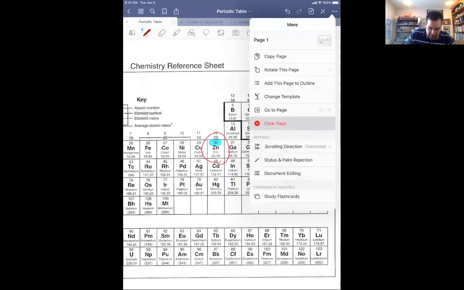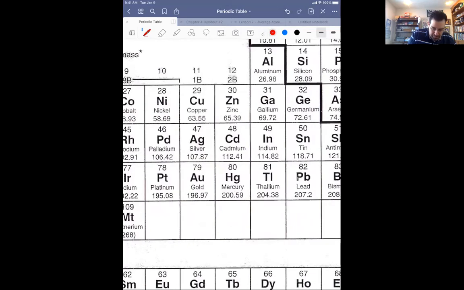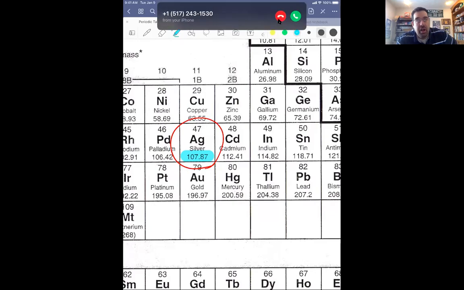And if we find silver right here, you can see that the average is just under 108. It's closer to 107 because remember, 107 was about 52% abundant and 109 was about 48% abundant, but not by much. It's almost 108. And the reason why it's almost 108 is because silver has two isotopes that are approximately 50-50. They're not 50-50, but they are very close to being 50-50.